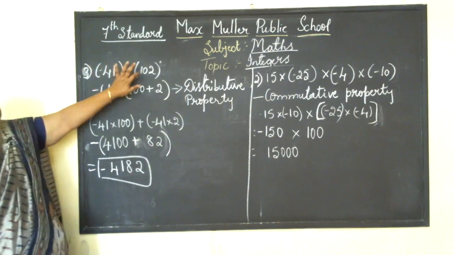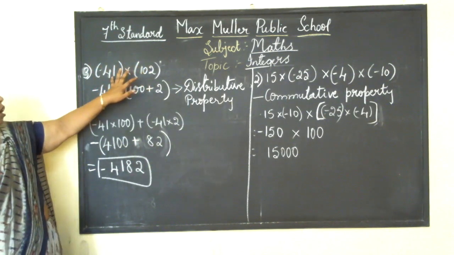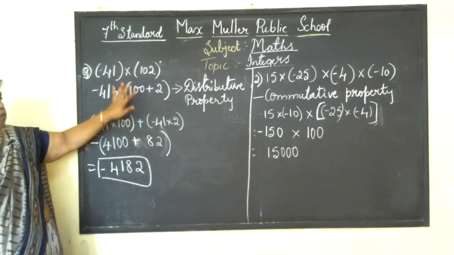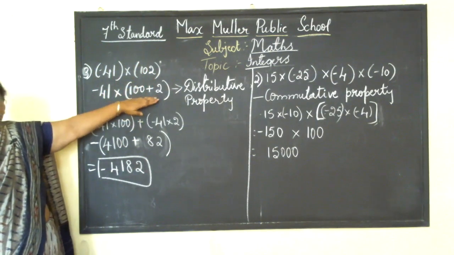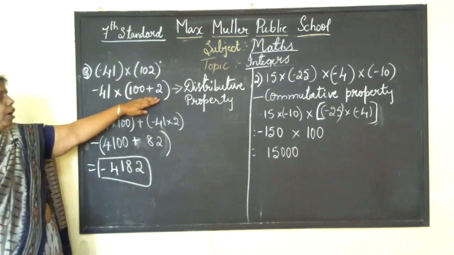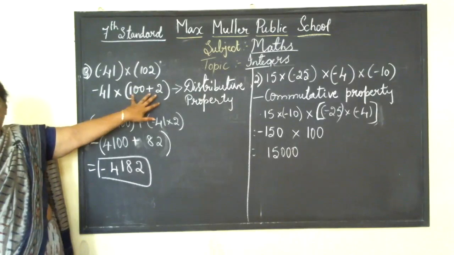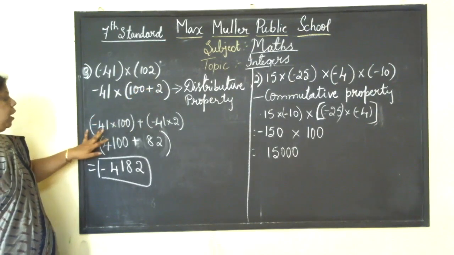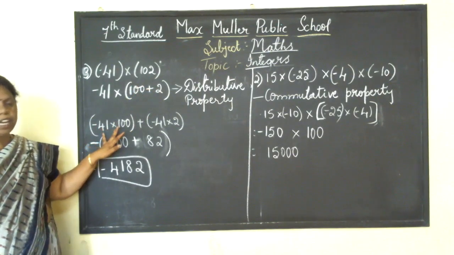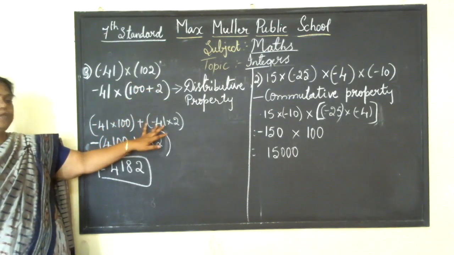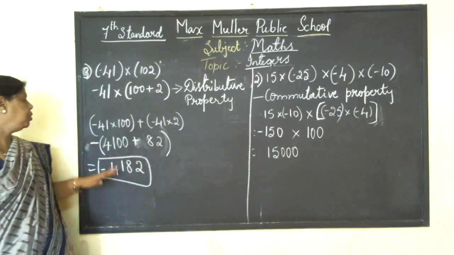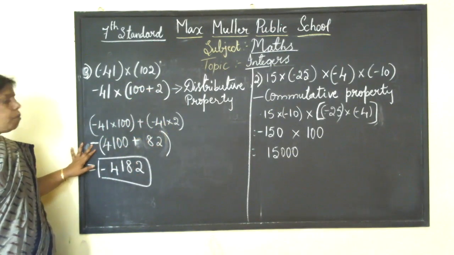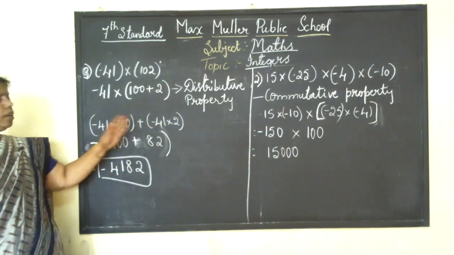See, 41 into 102, we cannot consider anything. So we have changed this into distributive property to our convenience, like 100 plus 2. Okay. So minus 41 is multiplied with 100 plus minus 41 into 2. So minus is common in both the sets, isn't it?